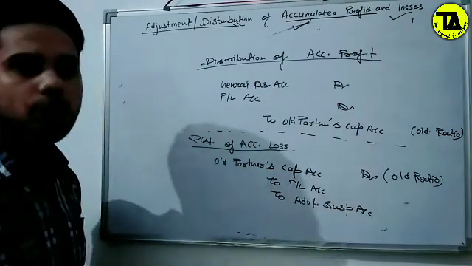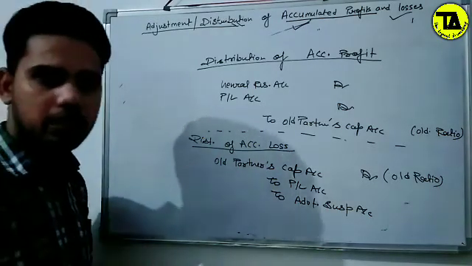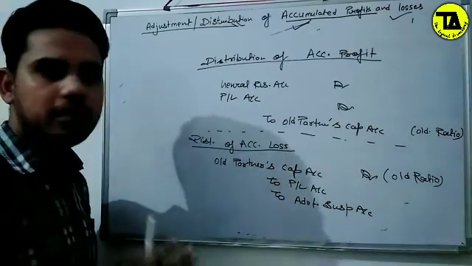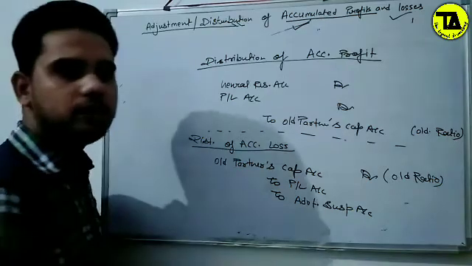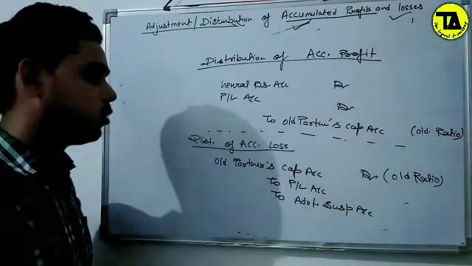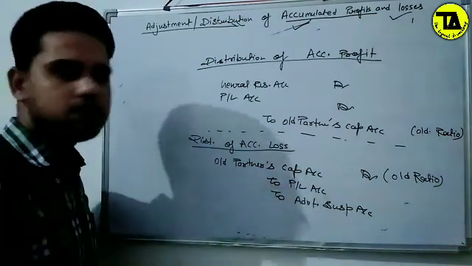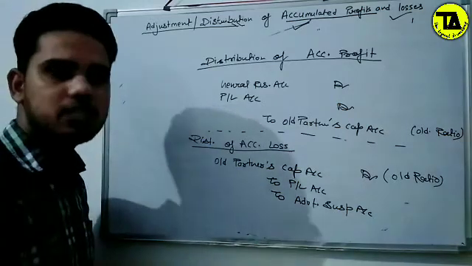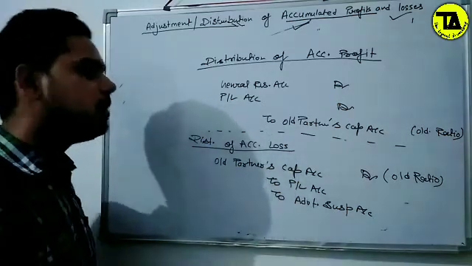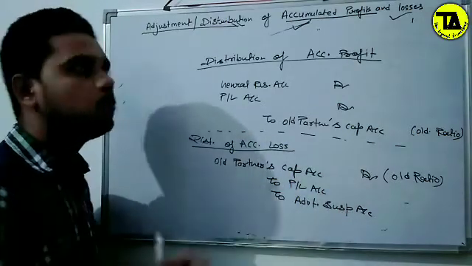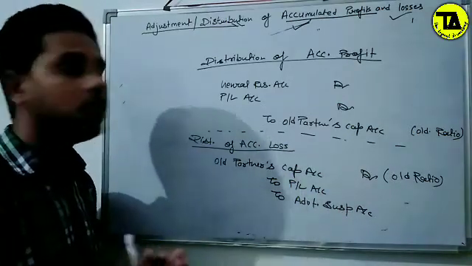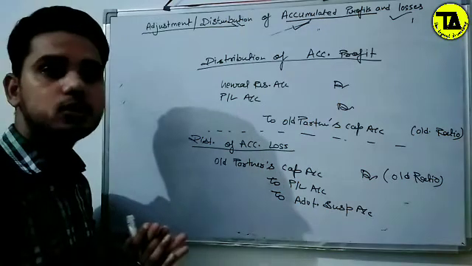If we have profit and loss account with a debit balance, that is our accumulated loss, so we will credit profit and loss account. If we have advertisement suspense account also, we will credit that too. The funda is very simple: debit old partners' capital and credit whatever accumulated loss you have. I hope this is clear to you.